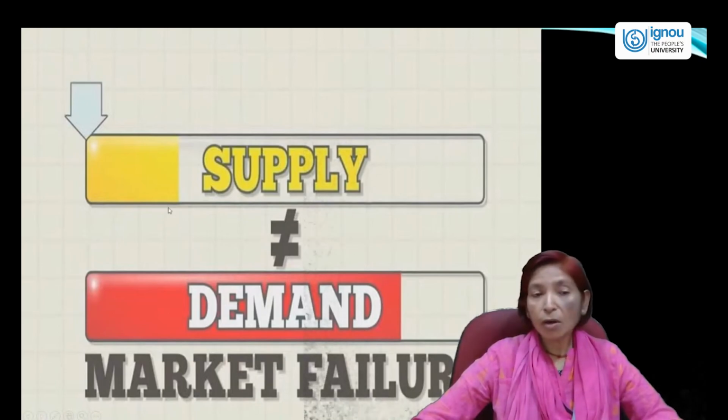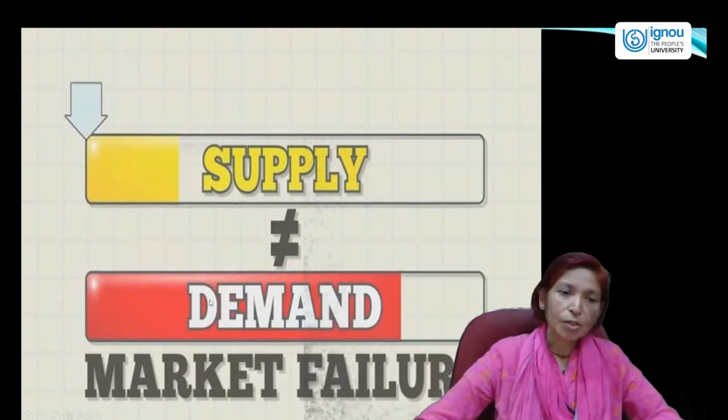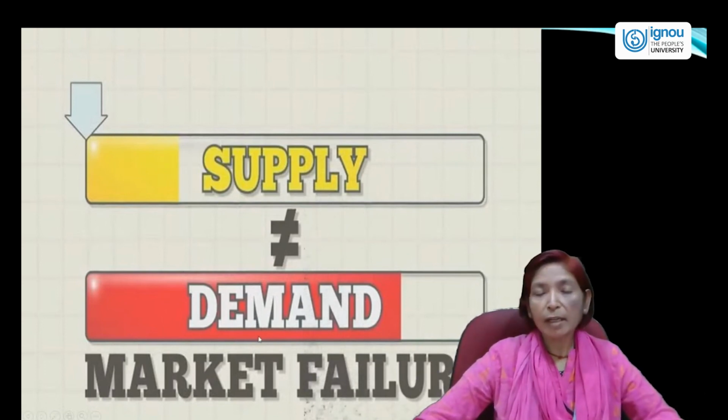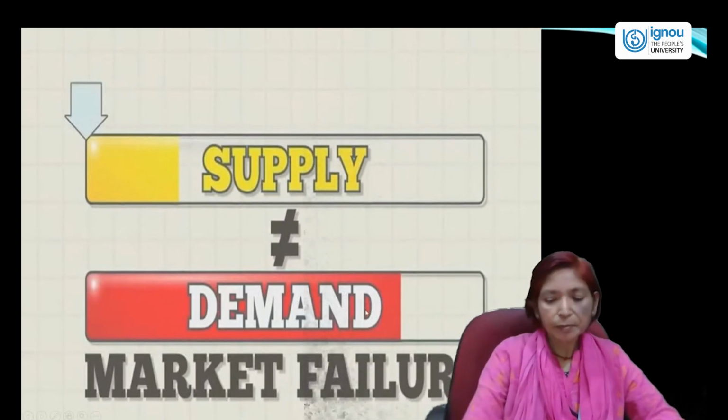When supply is not sufficient to fulfill all the requirements or all the demand of the country's people, then the market will become a failure. So this is the main cause of market failure, or if there is any mismatch between demand and supply, then it will be the main cause of market failure.